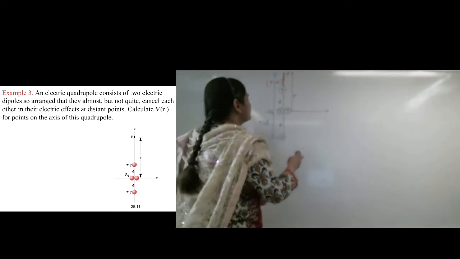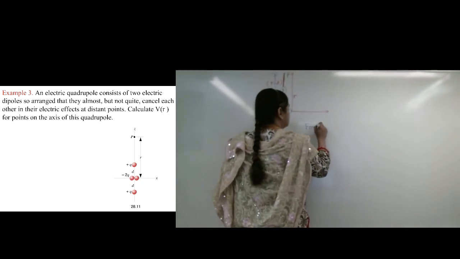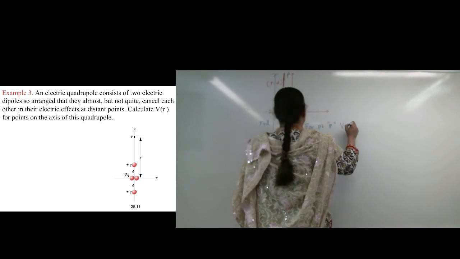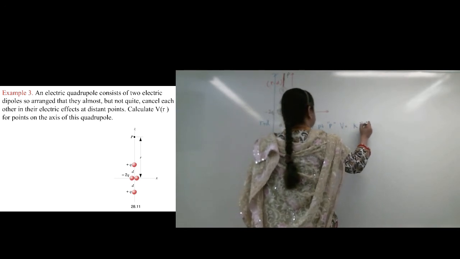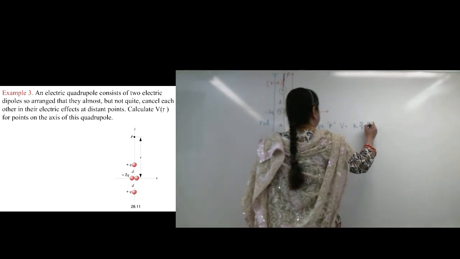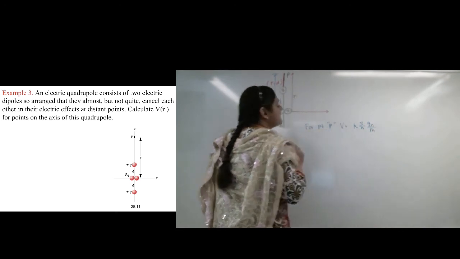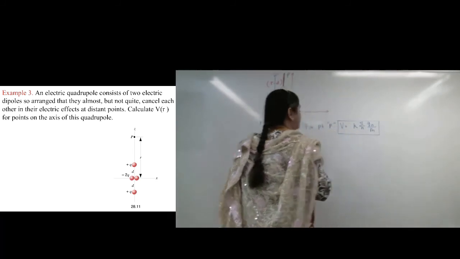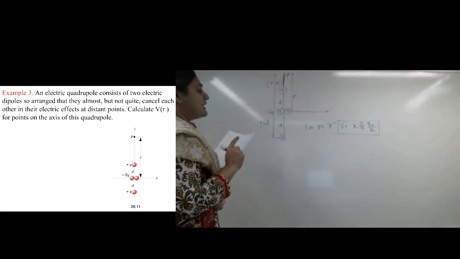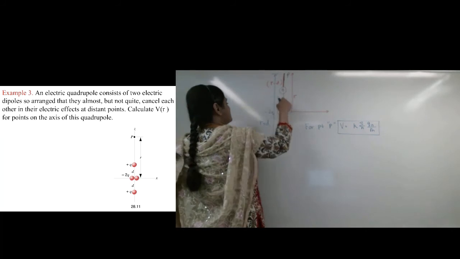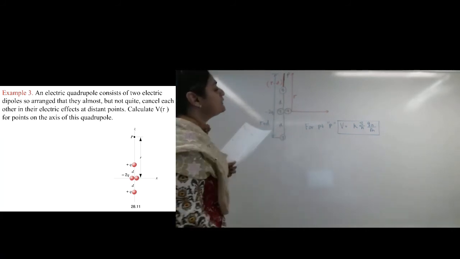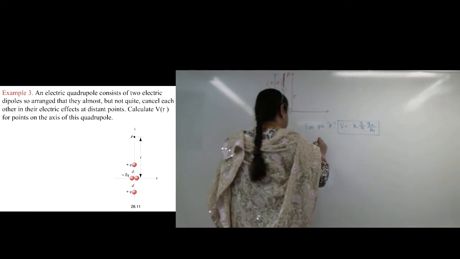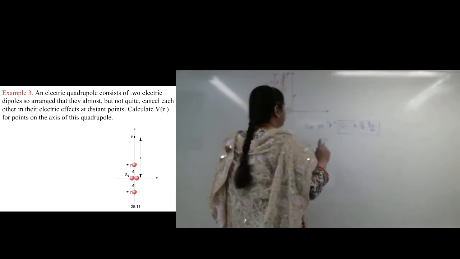Okay, so what do we know? For point P, V will be given by k sigma n Qn over rn. That we know from superposition. That means I have to account for each of the charges, and since there are 4 charges, I have to account for all of them. So what I will end up getting is k, I'm just going to take k common out.